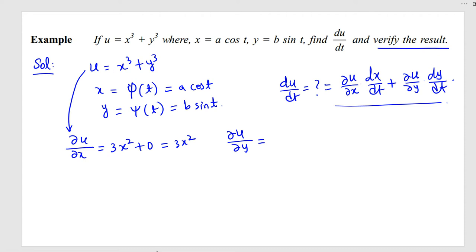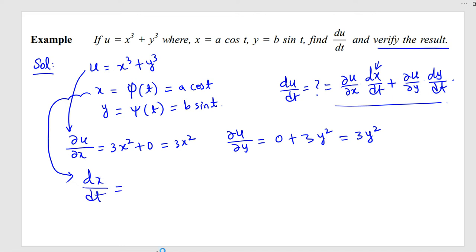So this is nothing but 0 plus 3y square. Again, this is nothing but 3y square. Also, I need to find out this value, dx/dt. So from here, dx/dt, if you differentiate, remember you need to differentiate.